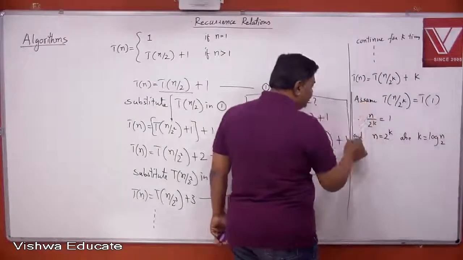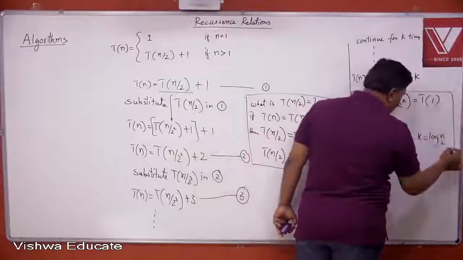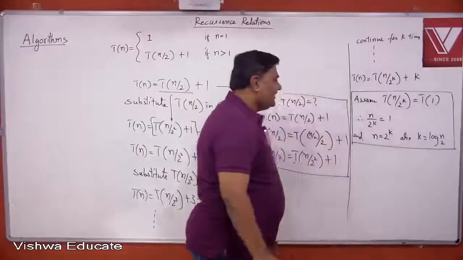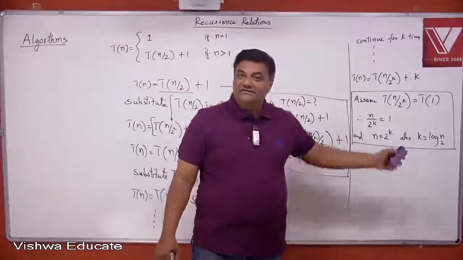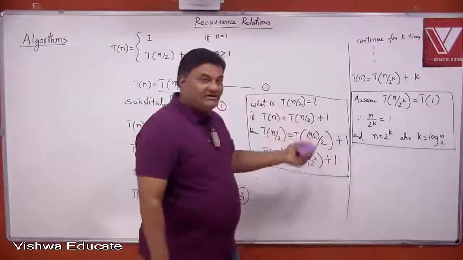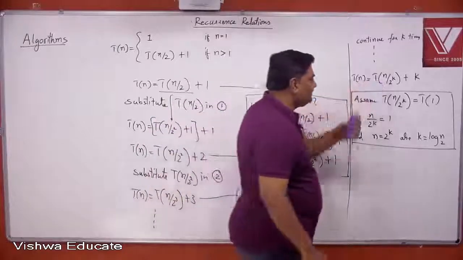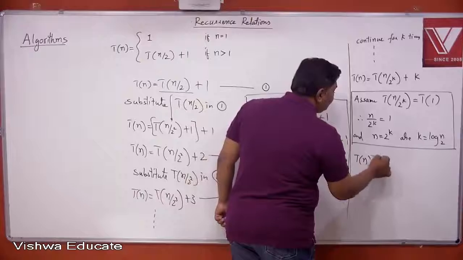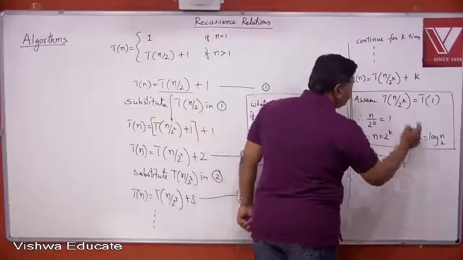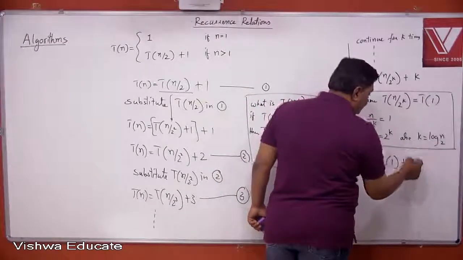So this assumption is very important. We are assuming that we have reached the smallest value, 1. Based on the assumption that this has become T1, Tn is equal to T1 plus k, where k is log n.